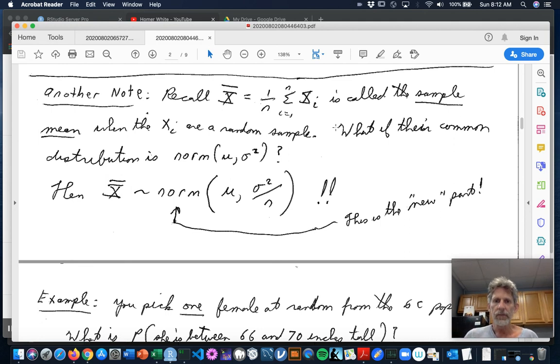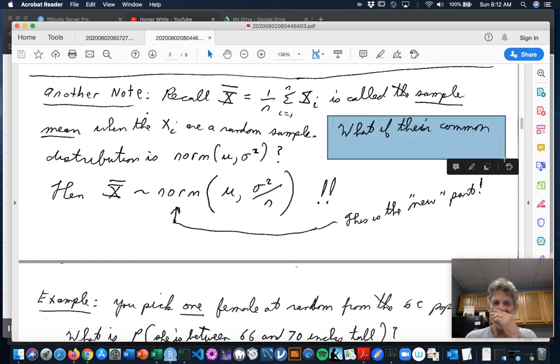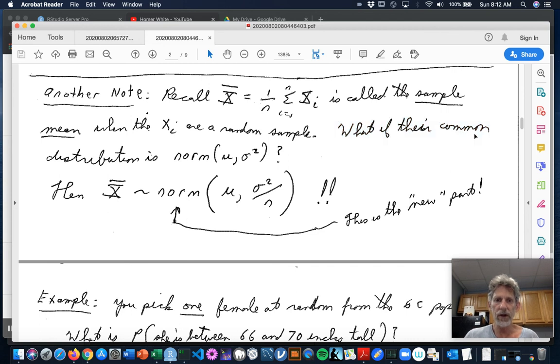We know that. But what if we make an extra assumption about the common distribution? What if their common distribution for those xi's is normal? Okay. Well, then this linear combination result would tell us that the x bar is normal with that mean and variance. So the part that's new for us over what we already know about x bar is the normality. Okay, and that's coming off this moment generating function technique. It's so wonderful.